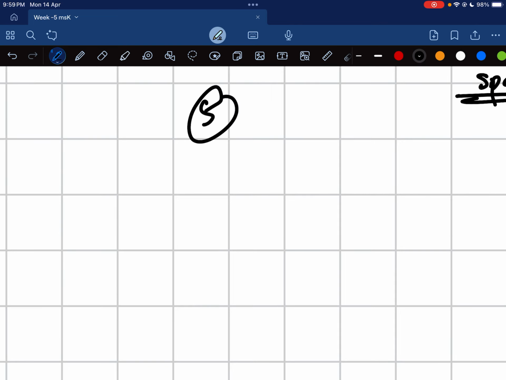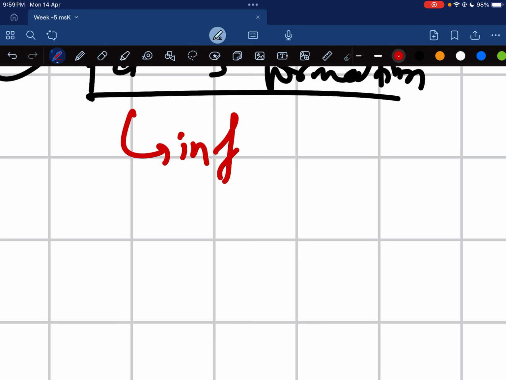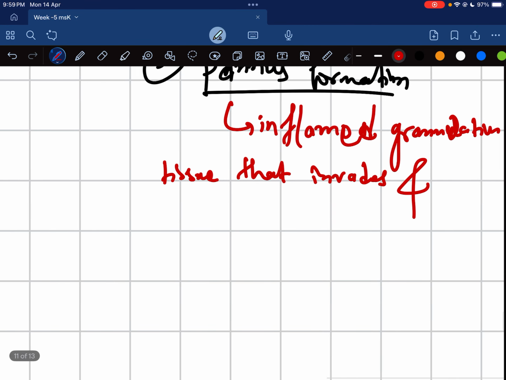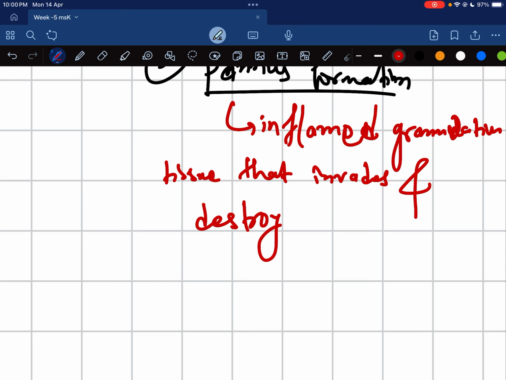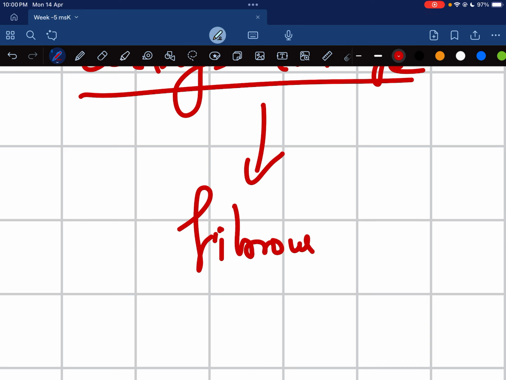Then there is pannus formation, meaning inflamed granulation tissue that invades and destroys the cartilage, and then there is formation of fibrous tissue and then bony ankylosis.